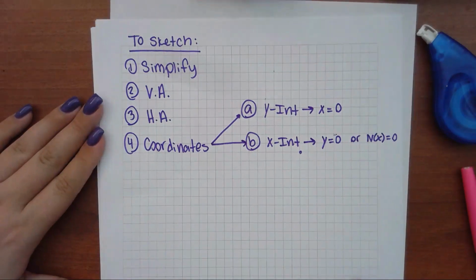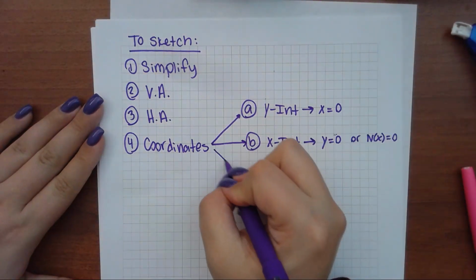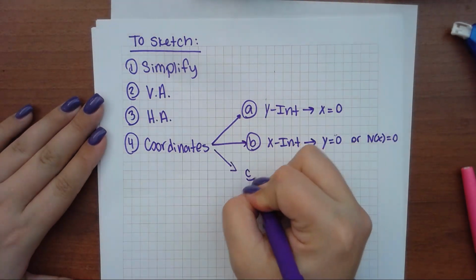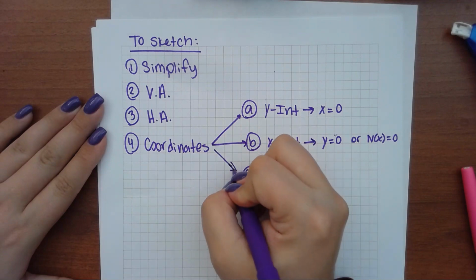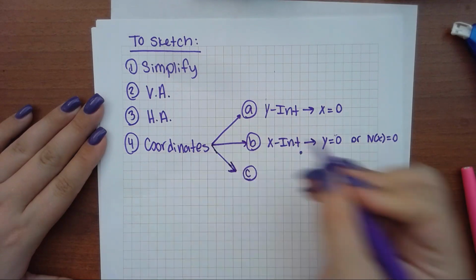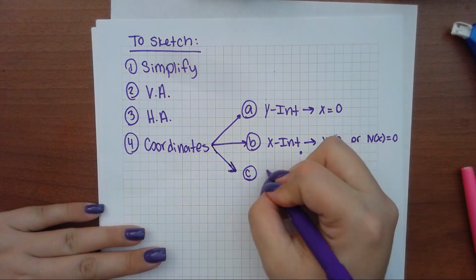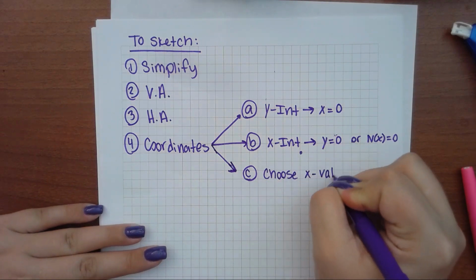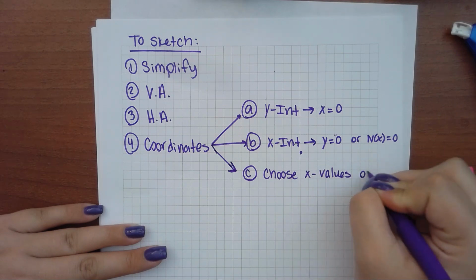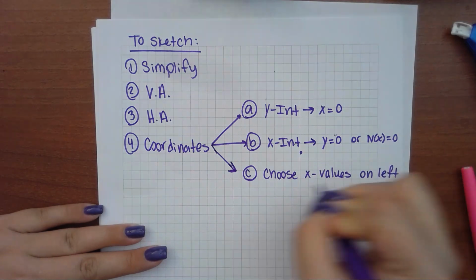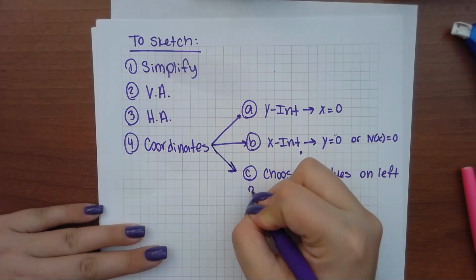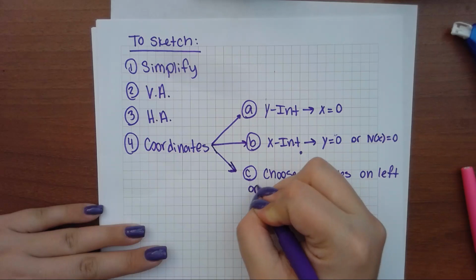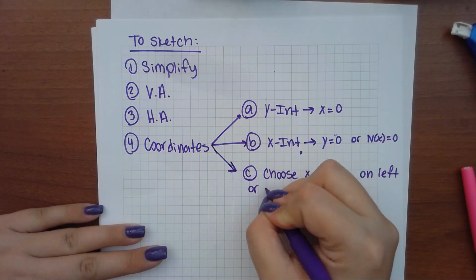And then the third is where we choose x values on the left or right of the vertical asymptote.